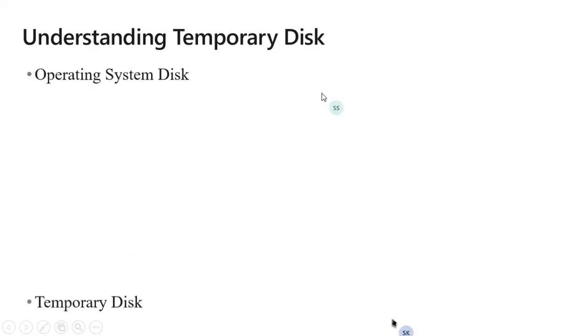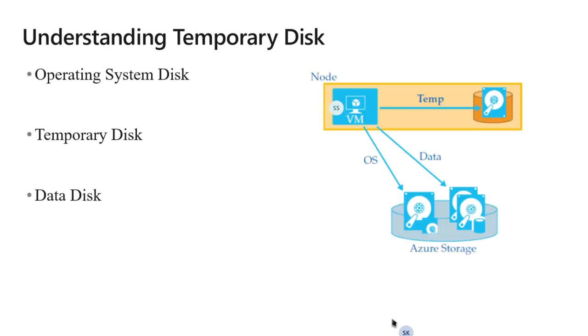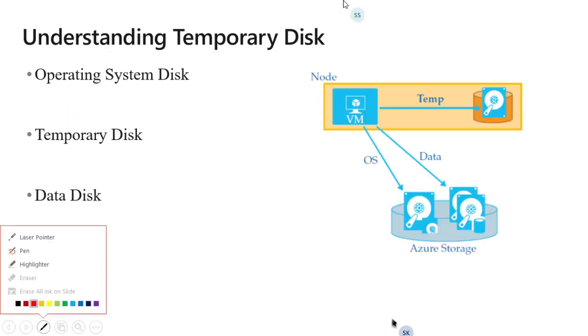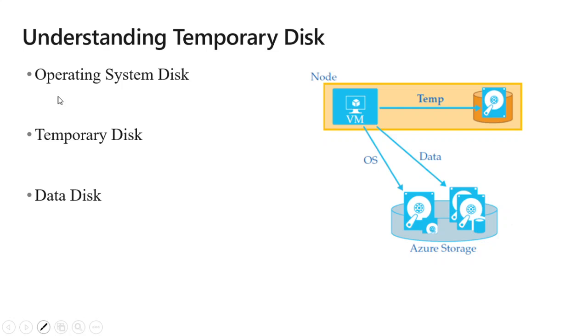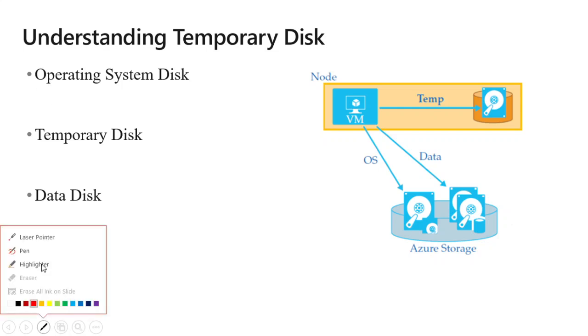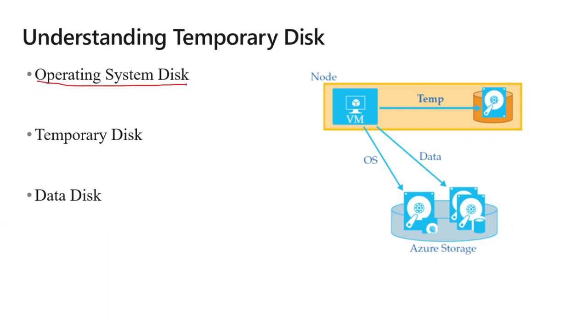What we saw yesterday is that a virtual machine has an operating system disk, a temporary disk, and a data disk. The operating system disk and the data disk are stored outside of the node, the bare metal physical computer, and the temporary disk is stored within the physical computer.